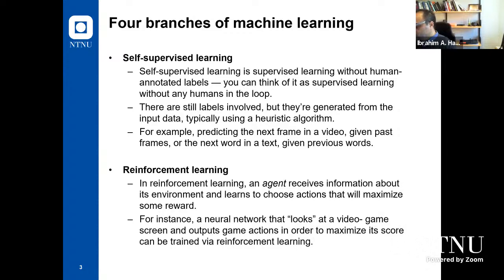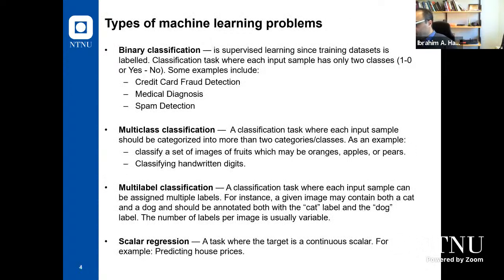So we need to design a reward function that will guide the robot. For example, a neural network that looks at a video game screen and outputs game actions in order to maximize the score can be trained by reinforcement learning. So reinforcement learning is a very, very important approach.